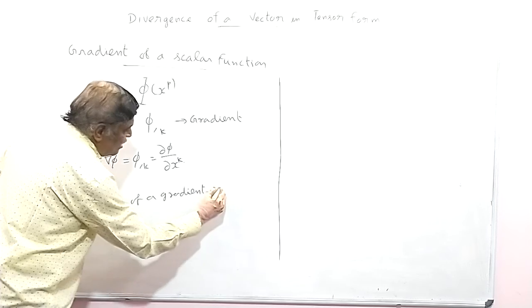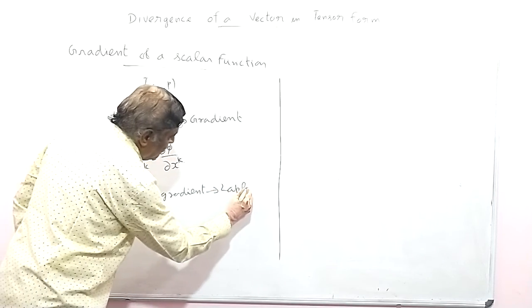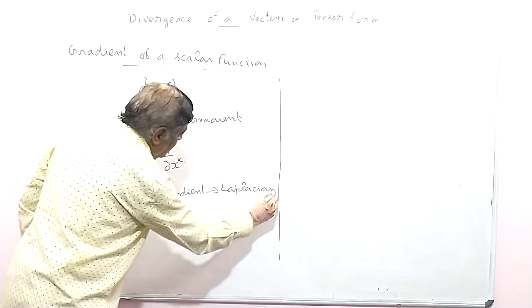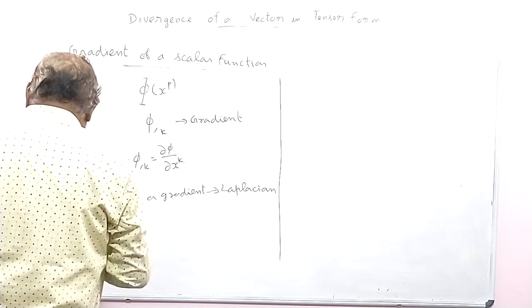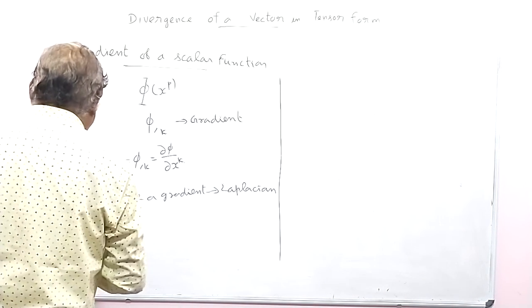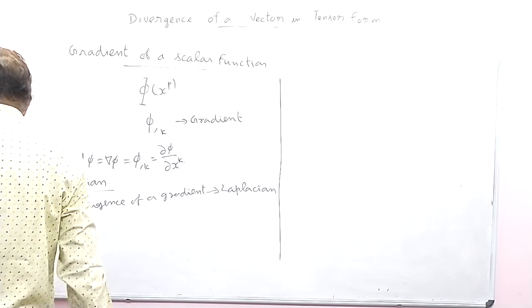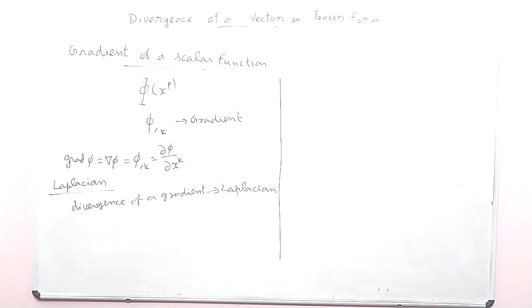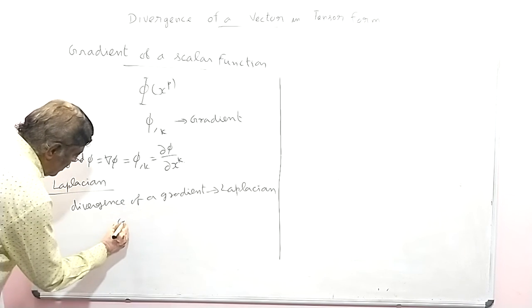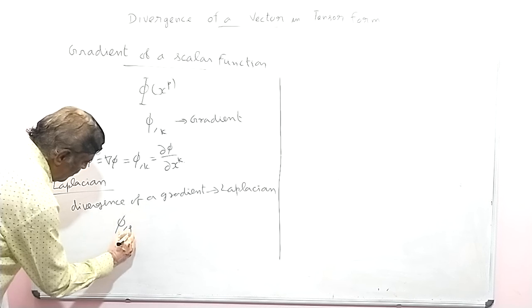So we know the gradient, we know how to obtain the divergence of the vector. If you combine the two results, we will get a Laplacian. Now consider phi comma k.